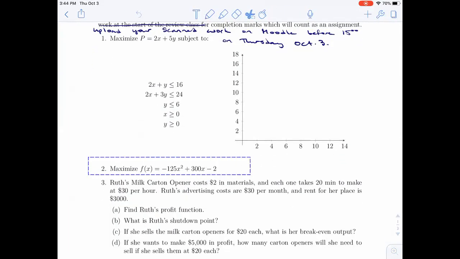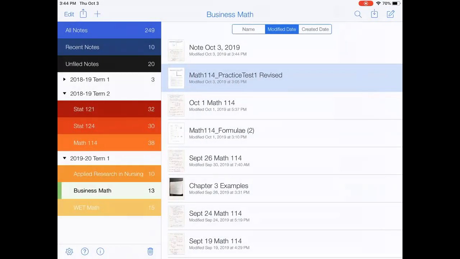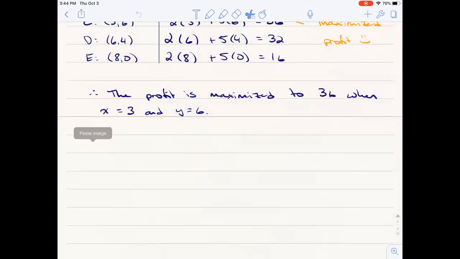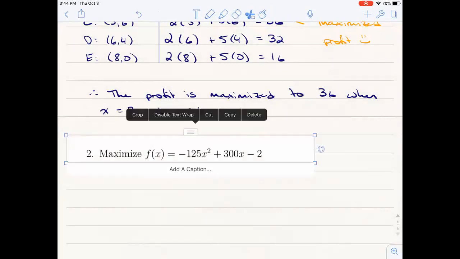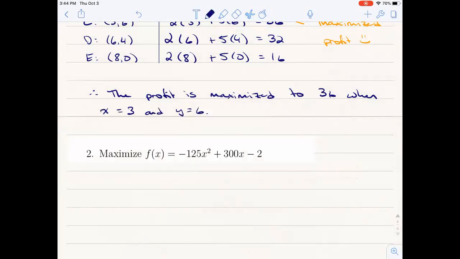Here's another maximizing function, but way different, right? So question 2, we're going to maximize this function. If I just give you a function like this, what are the steps to maximizing it?